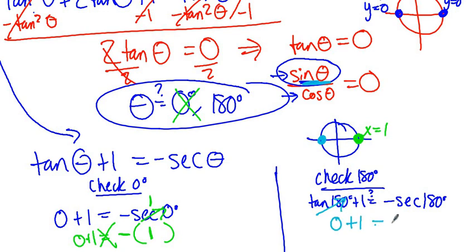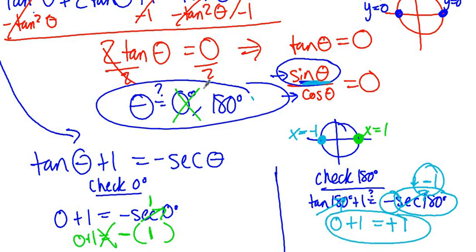So we get 0 plus 1 equals negative. Remember, secant is the reciprocal of cosine. So what's the cosine right here? Cosine is negative 1. The reciprocal of negative 1, which is secant, is also negative 1. So we have negative times negative 1, that equals positive 1, and that does equal 0 plus 1. So this 180 degrees is a valid solution, whereas 0 is extraneous. So we don't include that in our final answer.